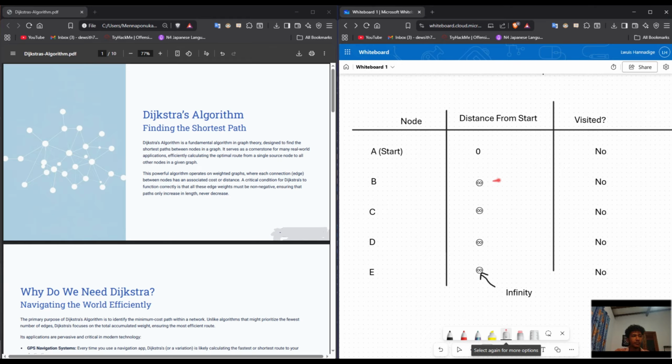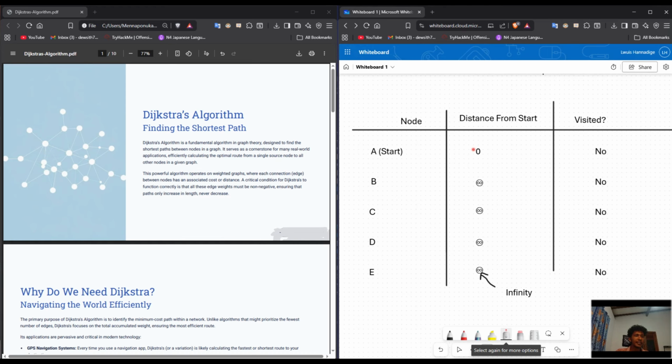For D, when we have not visited it, we mark that distance as infinity. We are not putting any value, we are marking it as infinity for the calculations. All the other nodes are the same.